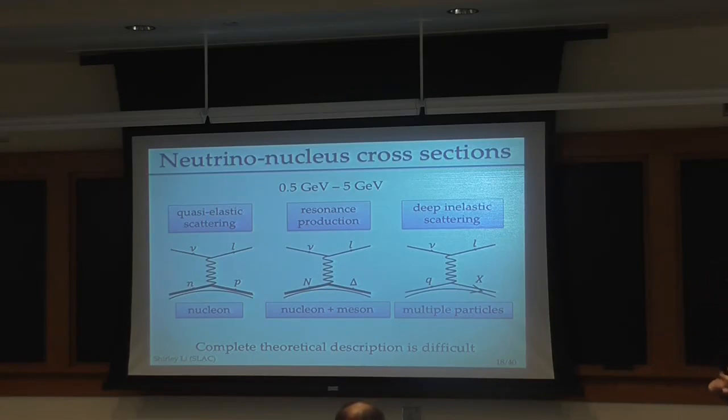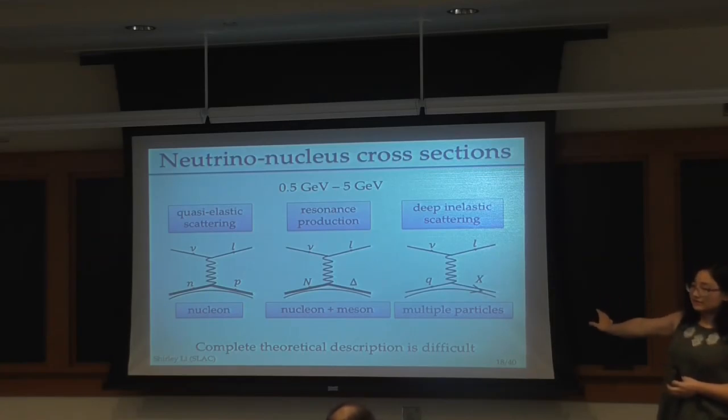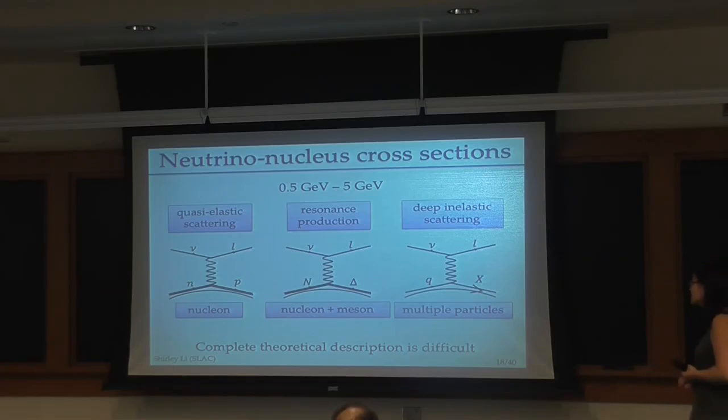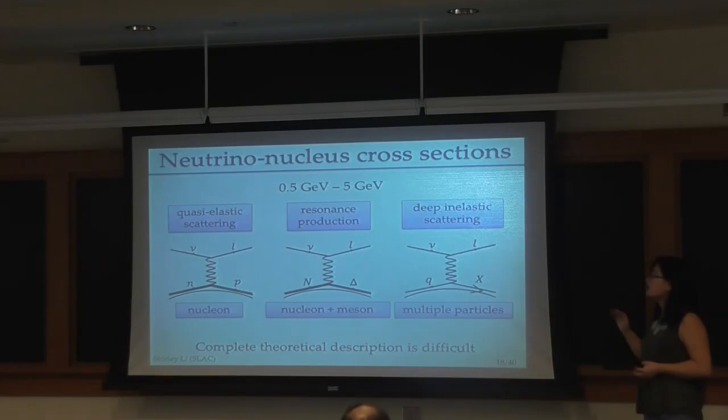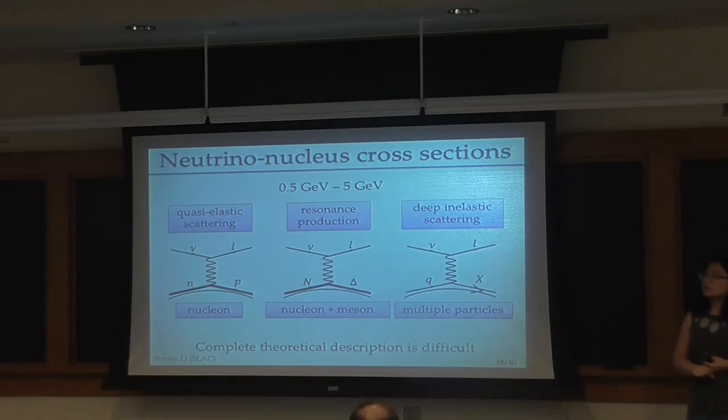I do want to point out, for people who are more familiar with DIS, that we're never going above 5 GeV. So if you're familiar with DIS in the collider setting, this energy scale is much, much lower than what's happening in colliders. So in recent years, people started to say that it should not really be called DIS, because whenever we say DIS, people get the impression that, oh, that's a well-established framework, we know how to compute stuff there.